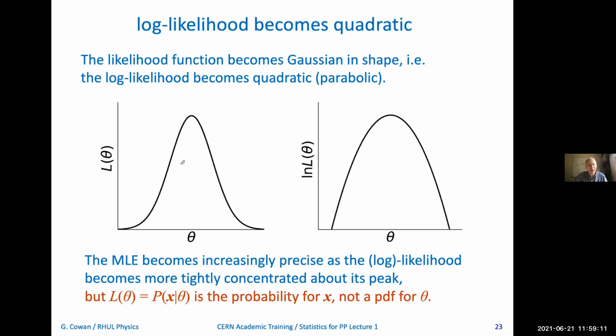It does become increasingly peaked about the true value of the parameter, but it still is not a PDF for the parameter itself. So if the likelihood function has a Gaussian shape, then the log of the likelihood becomes parabolic. That's somehow the important property that we're going to use.